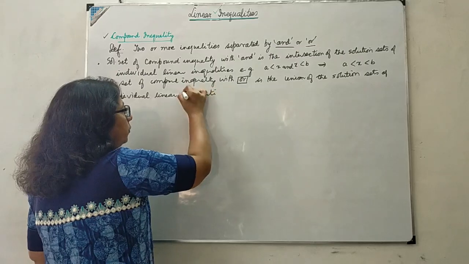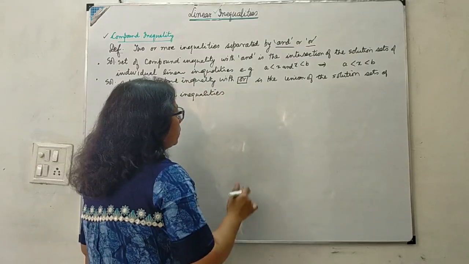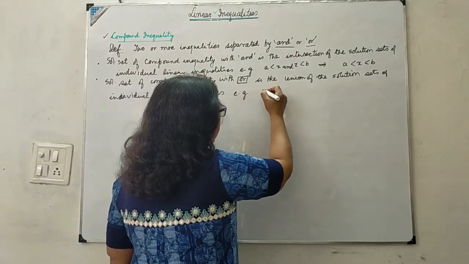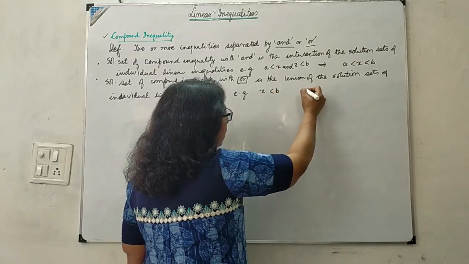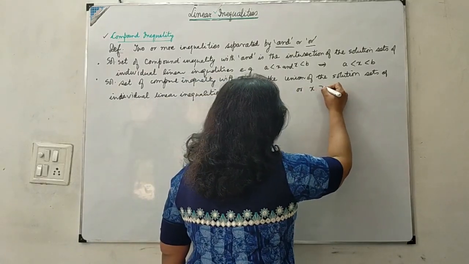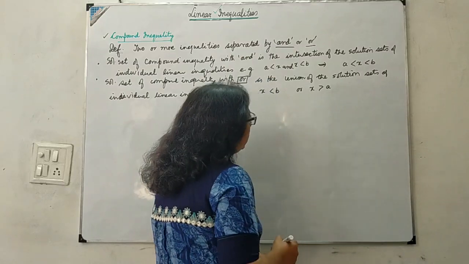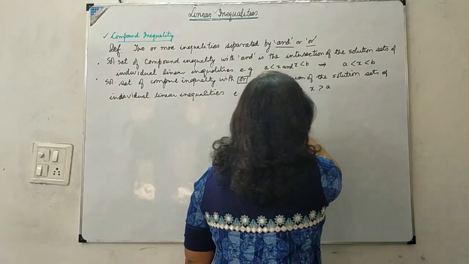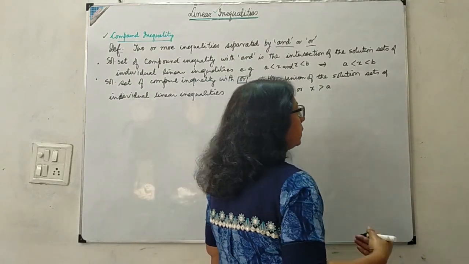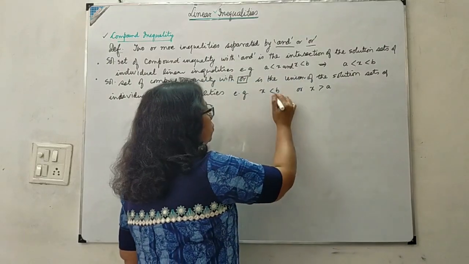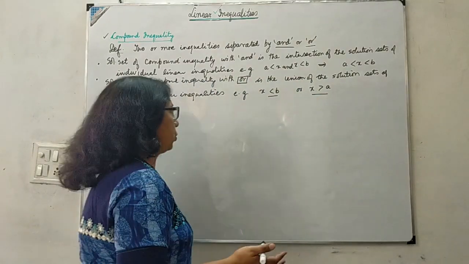For example, if we take x less than b or x greater than a, that means we have either x less than b or x greater than a. This is the union of these two solutions.